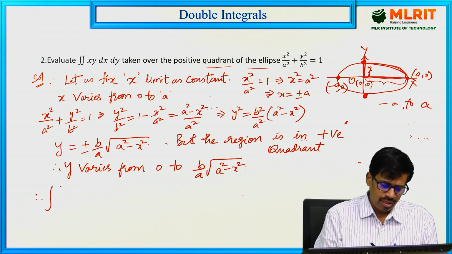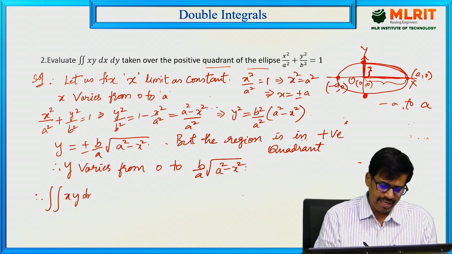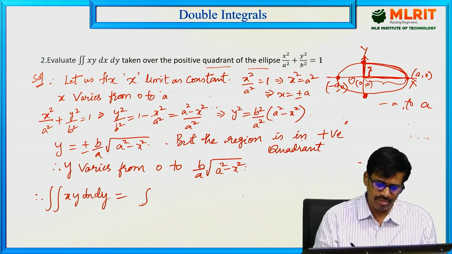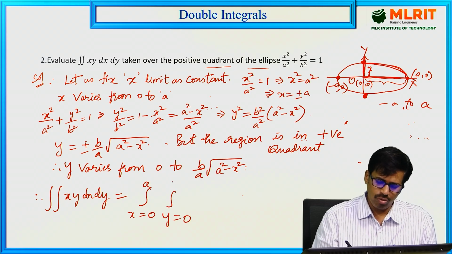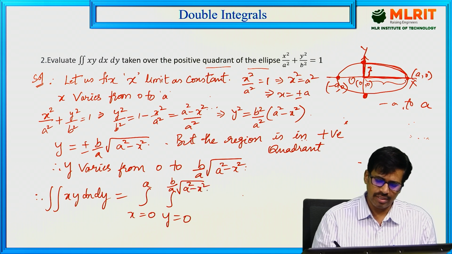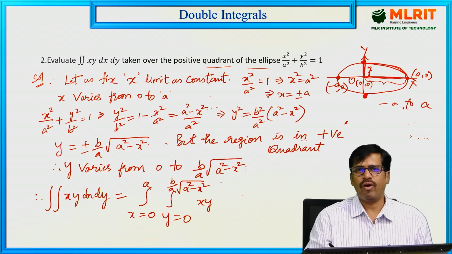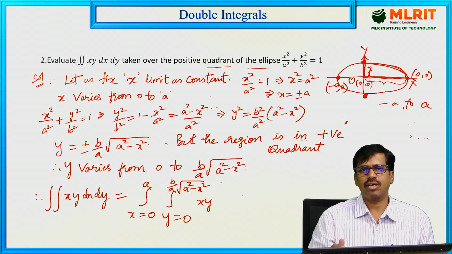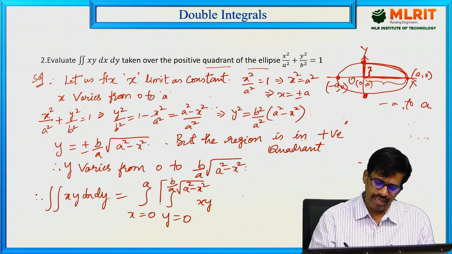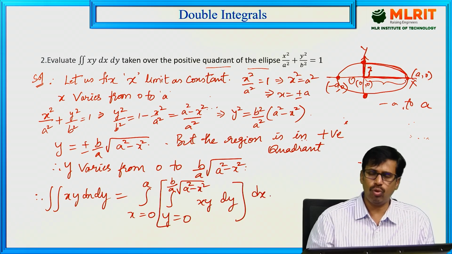Therefore, the double integral of xy dx dy can be written as x is equal to 0 to a, y is equal to 0 to b by a under root of a square minus x square, and the function is xy. So one limit is variable, one limit is constant. So we have to first integrate with respect to y, then with respect to x, right?